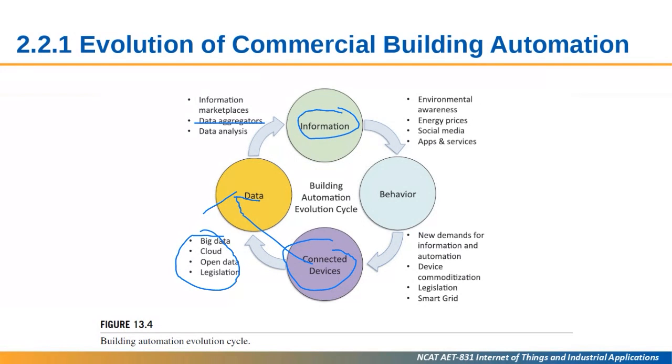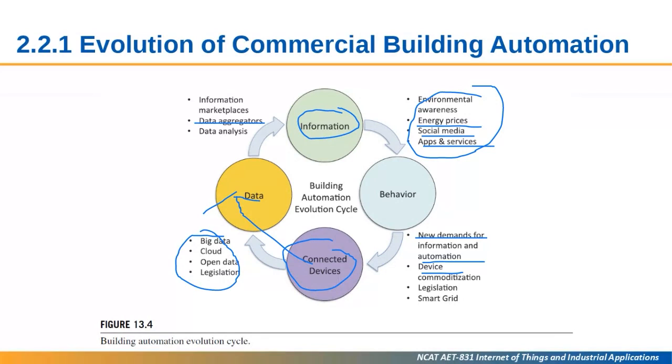And the information hopes to change, or maybe affect, behavior via the energy prices and also the social media and also via the apps and services. After the behavior change, there will be new demand for information and automation.